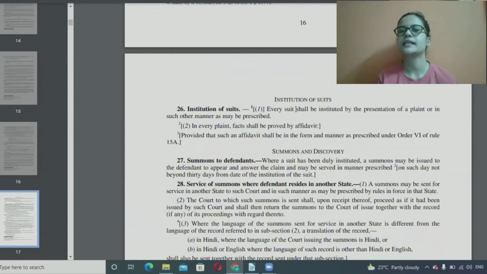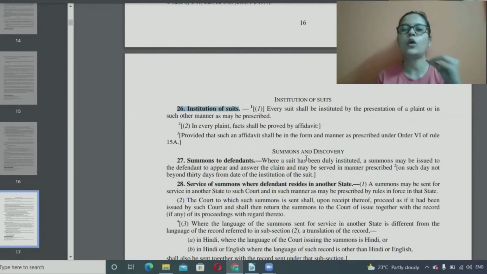Section 26: every suit shall be instituted by presentation of a plaint or in such other manner as may be prescribed. In every plaint, facts shall be proved by affidavit, provided that such an affidavit shall be in the form and manner prescribed in Order 6, Rule 15A. That means it is giving you a right that if something has happened, you have a right to institute a suit. How will we institute a suit? You will simply present a plaint and you will institute the suit.